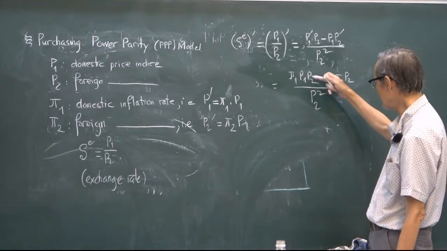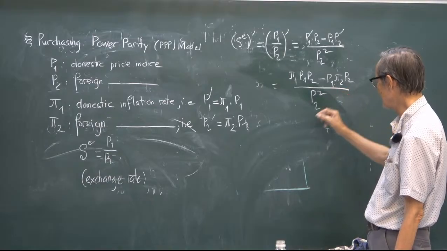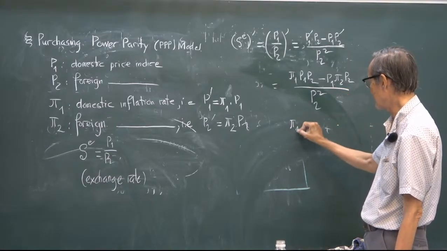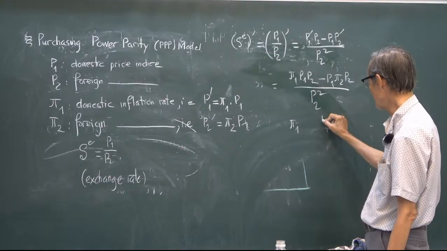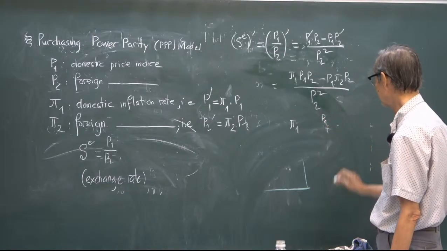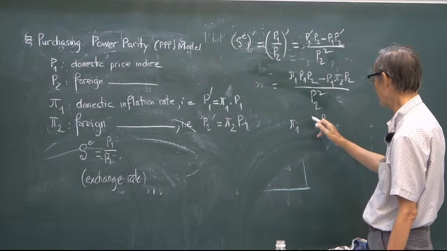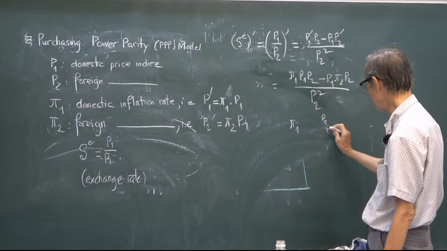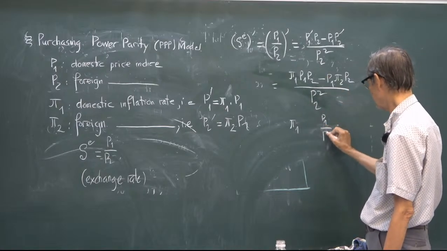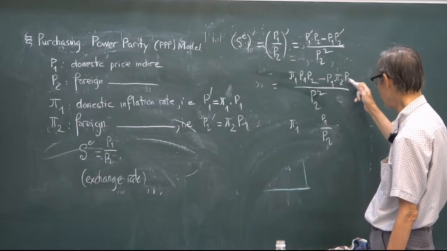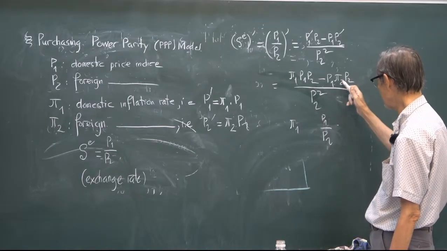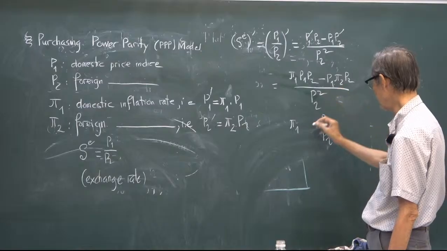And delete, we have pi 1 P1 over P2, and here pi 2 P1 over P2.